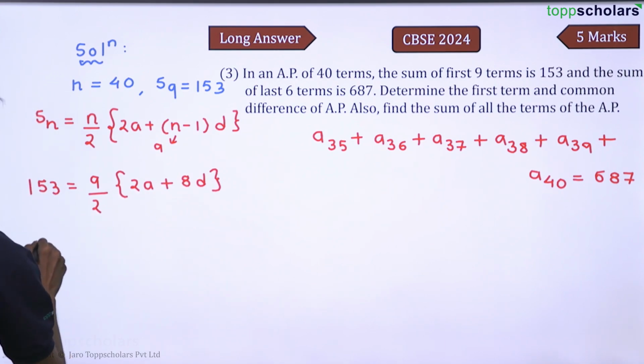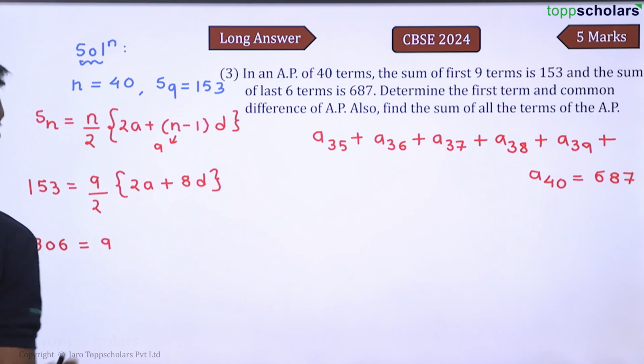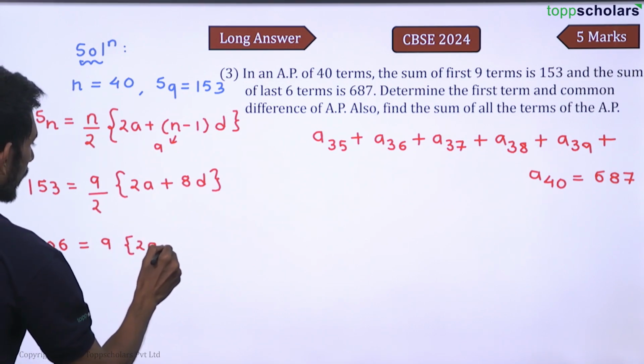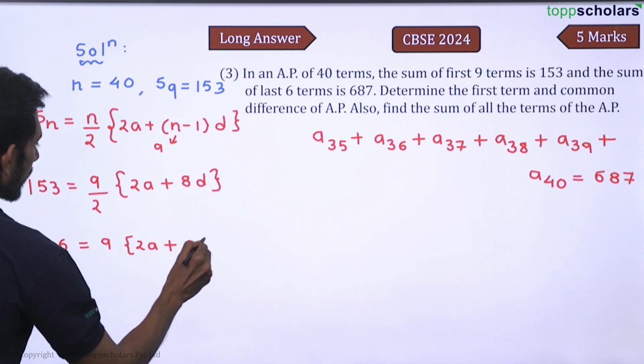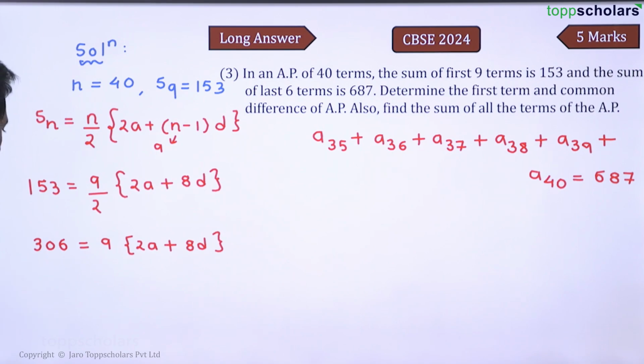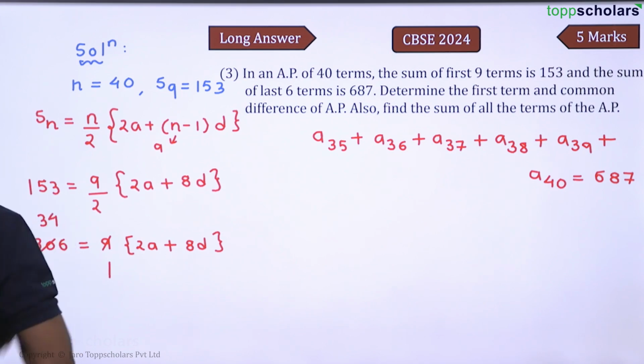So 2 gets shifted here. 153 into 2, so 306 is equal to 9 multiplied by 2a plus 8d. I can take 9 down, or if you want to cancel, you can cancel directly. 9 fours are 36.